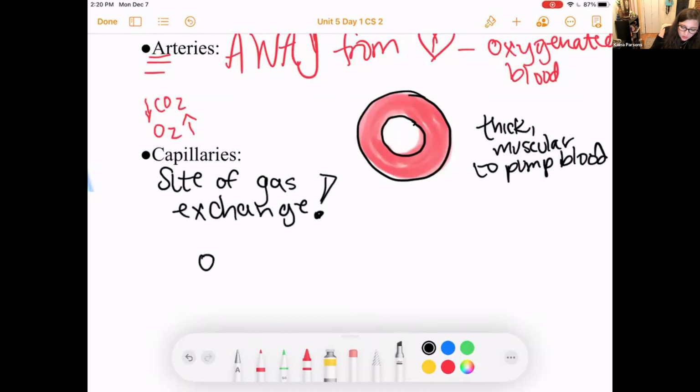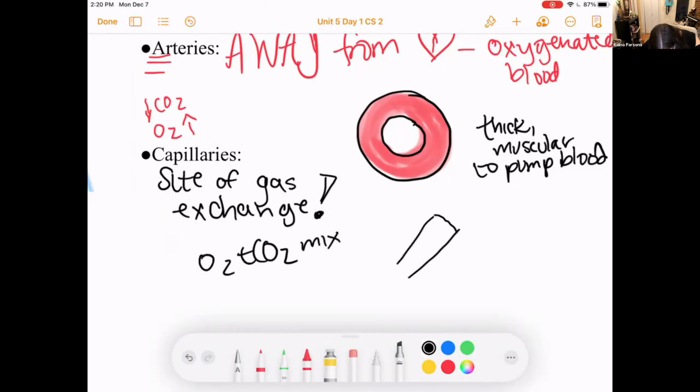Okay, so O2 and CO2 mix. And they're able to do this because this is where gas exchange is happening. This is where the O2 is being sent back into the rest of the bloodstream and the CO2 is being sent out of the body. So because they're the site of gas exchange, they're extremely important to diffusion.